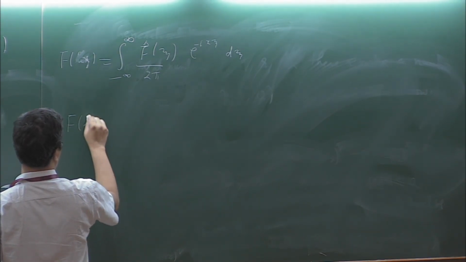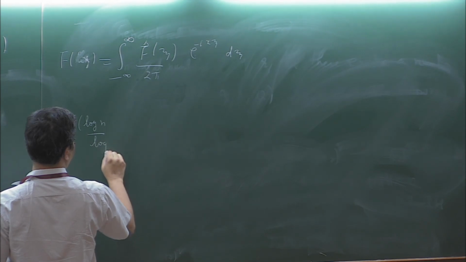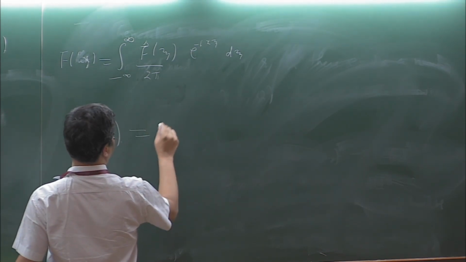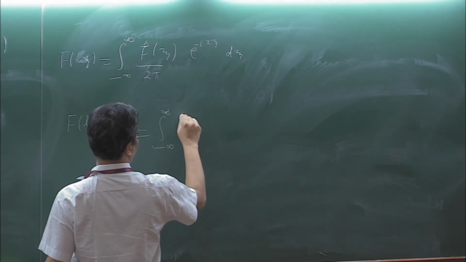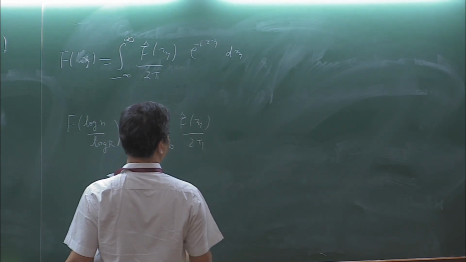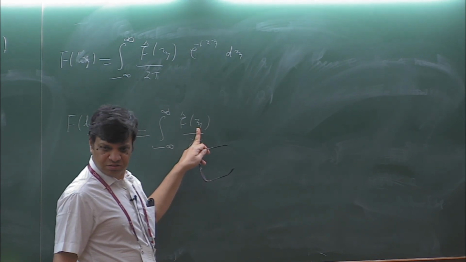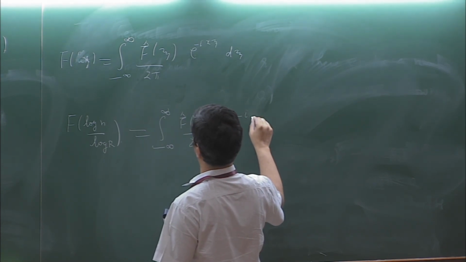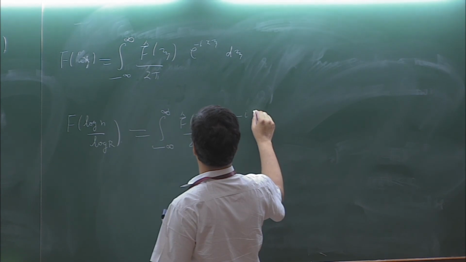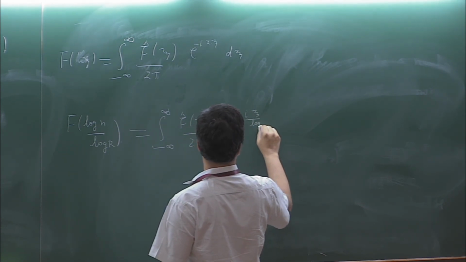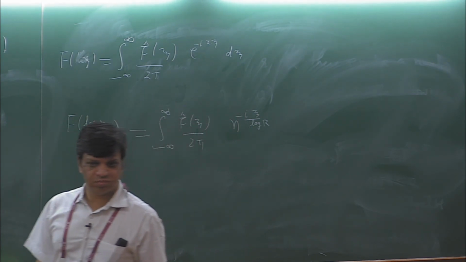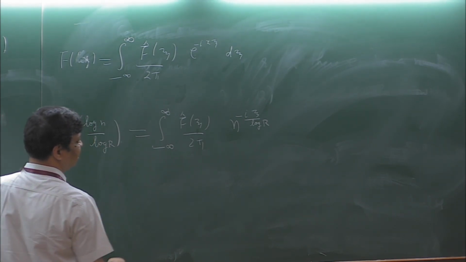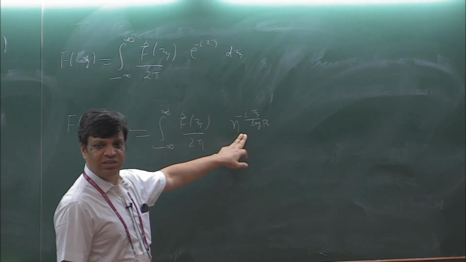Okay. So what is the advantage of this? When I write down this f of log n by log R, I get the integral from minus infinity to infinity of f hat(xi) by 2 pi, which does not depend upon n, and then you get n to the power minus i xi by log R. Now you see, the point is that this is a multiplicative function.